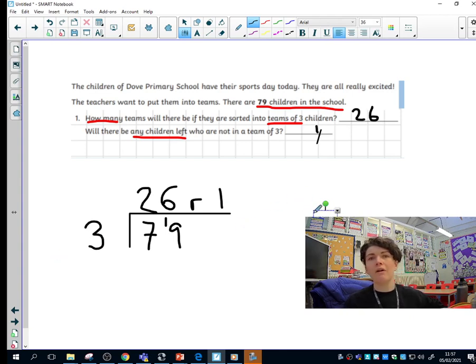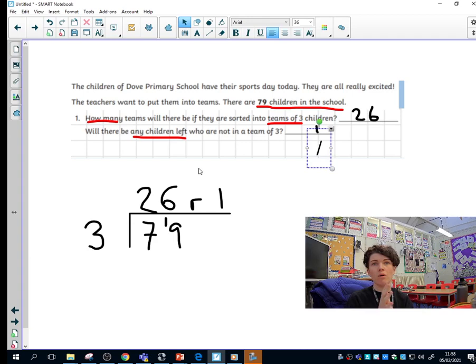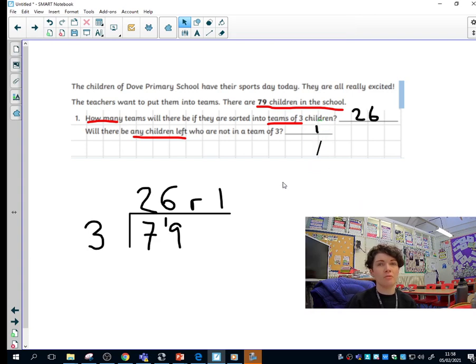So when I say how can we interpret that remainder, if we look back to this example question, let's get rid of this. When I say what we do with the remainder, do we round the answer up or do we round the answer down?